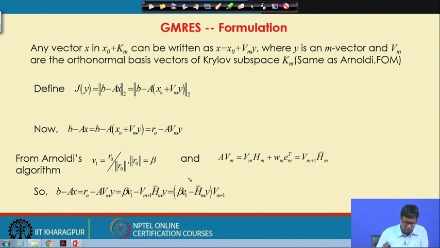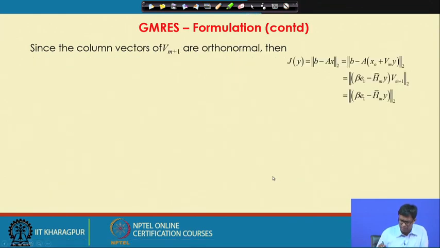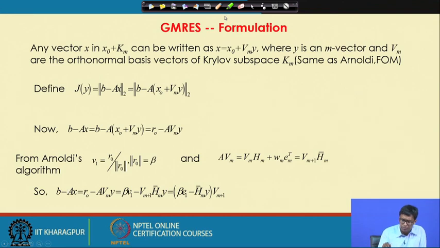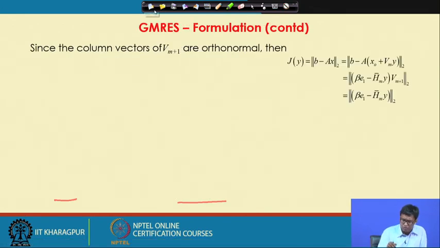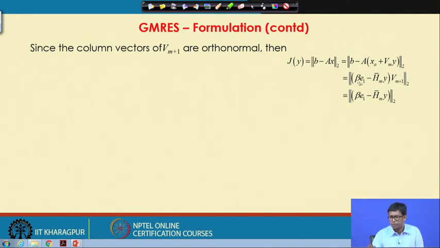So, we got an expression for b minus Ax. Since the column vectors of Vm plus 1 are orthonormal, J(y), the second norm of b minus x0 plus Vm y, equals the second norm of beta E1 minus Hm bar y.